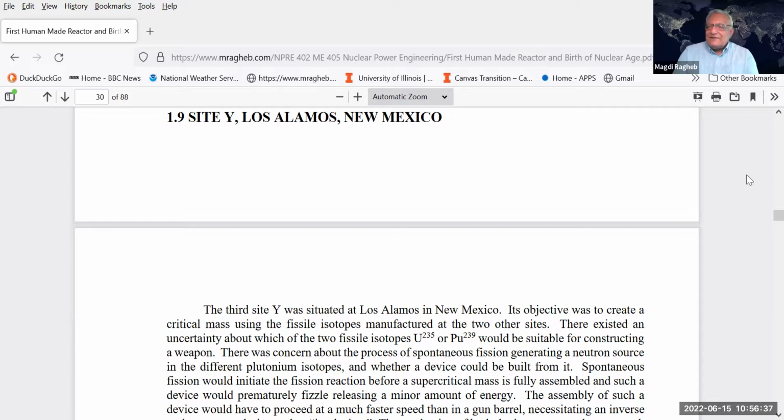So they basically proceeded in both directions. The site that had to produce the weapon was chosen at Los Alamos in New Mexico. That still exists today as the Los Alamos National Laboratory, and they designated it as Site Y.